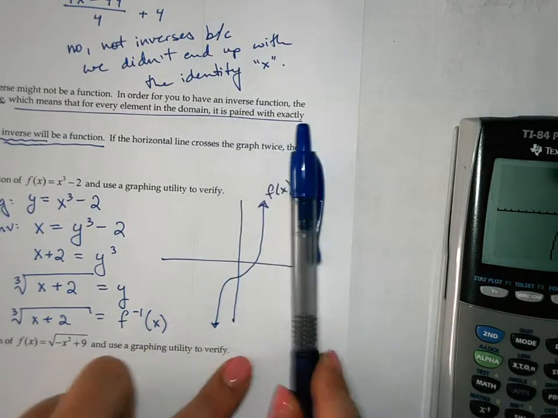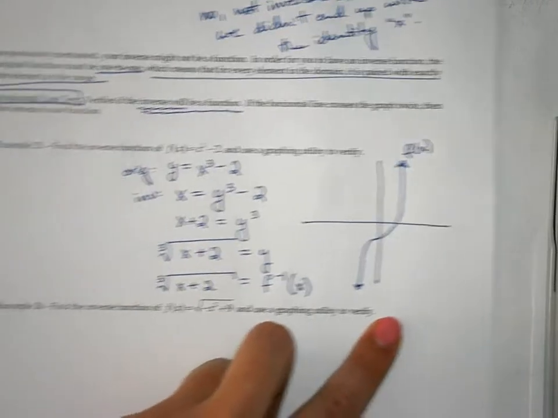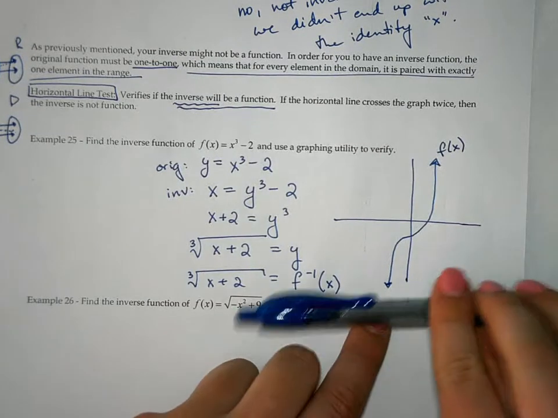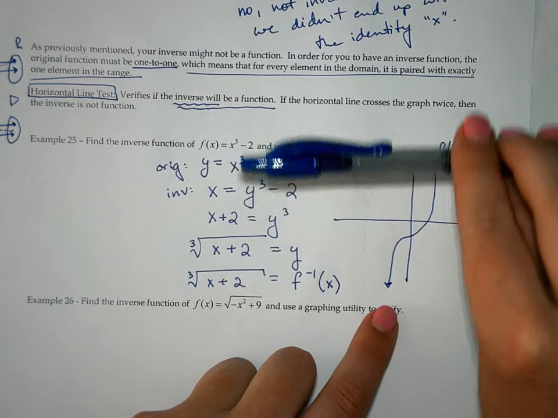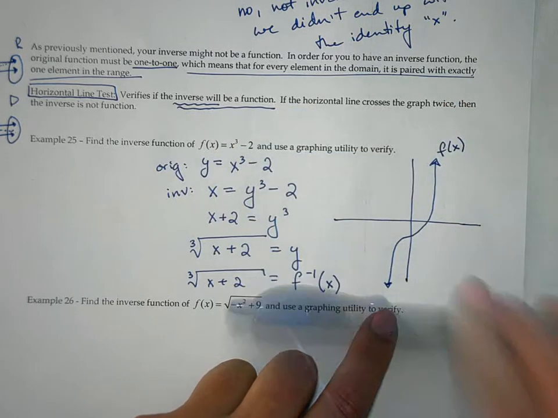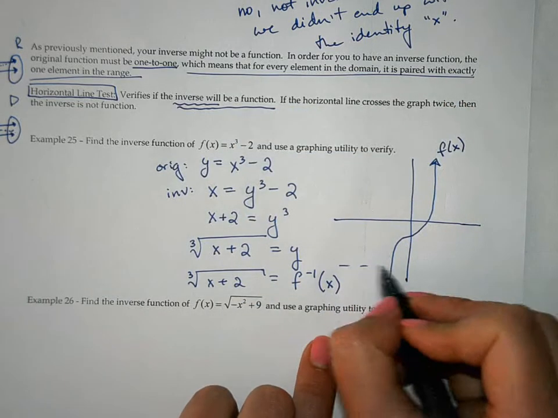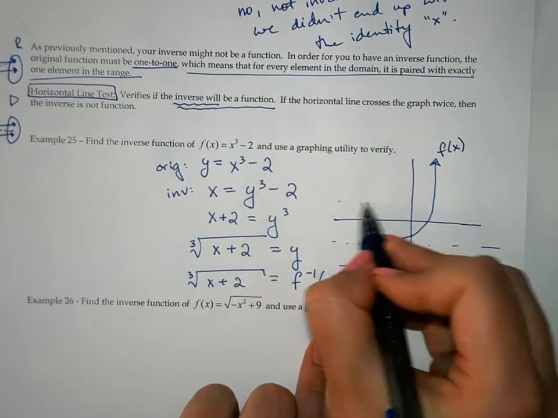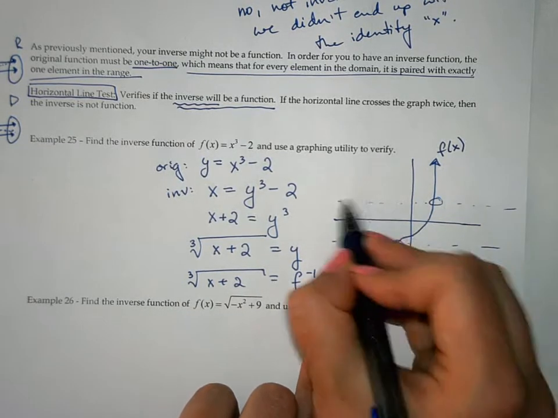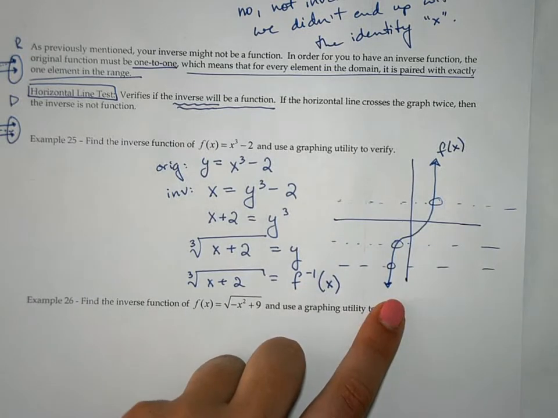It passes my vertical line test, no question there. However, this original one also passes a horizontal line test. Nowhere does my pen hit this graph more than once as I move horizontally. That tells me, passing this vertical line test here, horizontal line test here, that my inverse will be a function.